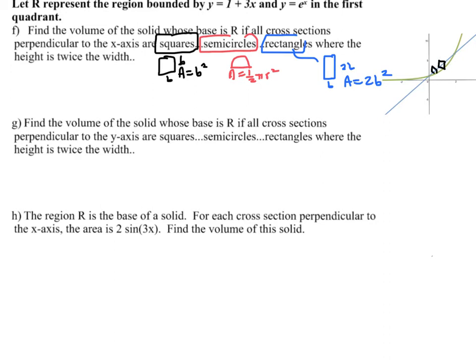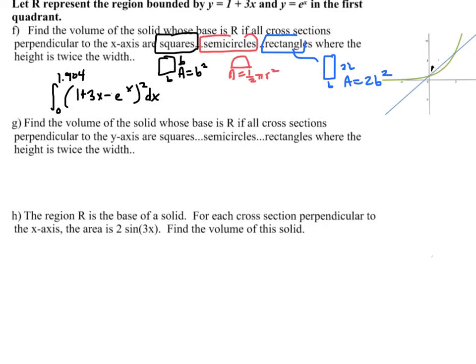The way you get the base is simply by finding out how far apart the two functions are. And then to get the volume, we integrate it. So you remember the bounds went from 1 to 1.904. And it's going to be top function minus bottom function, squared. And that's going to give me the volume if those cross sections were squares.